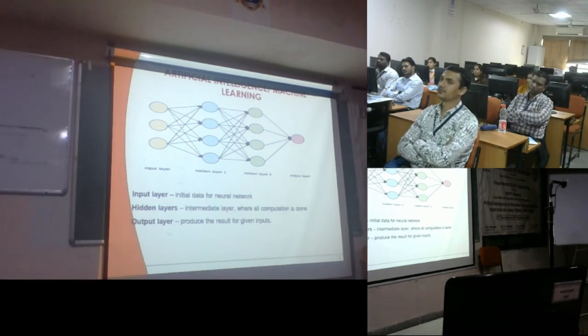If I have more than one hidden layer, that is known as deep learning. So here the concept of deep learning comes in, where we need more than one hidden layer, because I want to address the diversified complexity of the data.